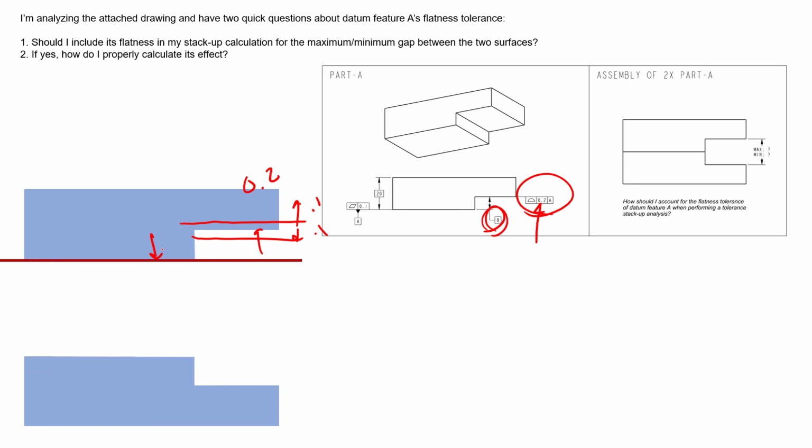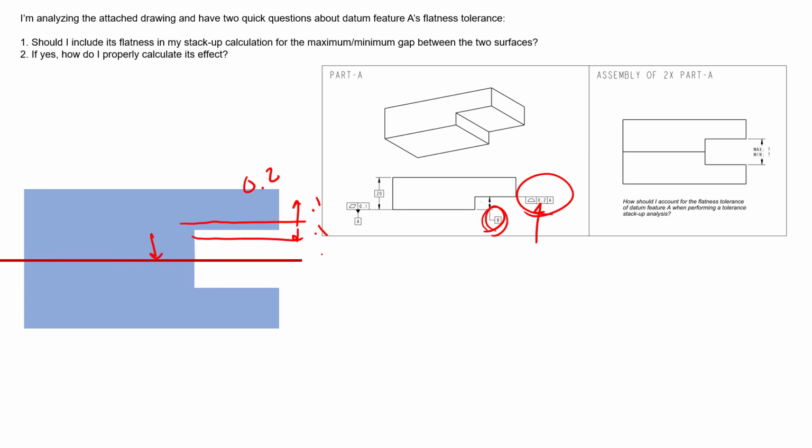Now, if we put those back to back, we could also assess the stack-up between these two surfaces since they're sharing the same origin. This surface down here would be the same part, just mirrored down. It can go down 0.1 and this one can go up 0.1. So you'd have a 16 millimeter plus or minus in the max and min of up 0.1, down 0.1. That's a total of 0.2. So this would be the equivalent of 16 millimeters plus or minus 0.2.